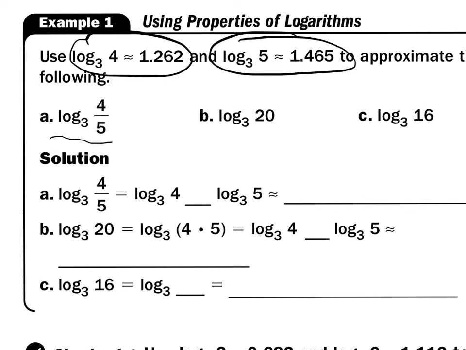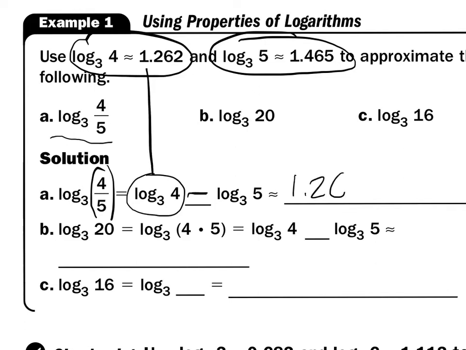Now, as part of the solution here, since we have a quotient, we're going to separate that quotient using the quotient property. You can do log base 3 of 4 minus the log base 3 of 5. So log of the top minus log of the bottom. What's nice about that is log base 3 of 4 is 1.262.